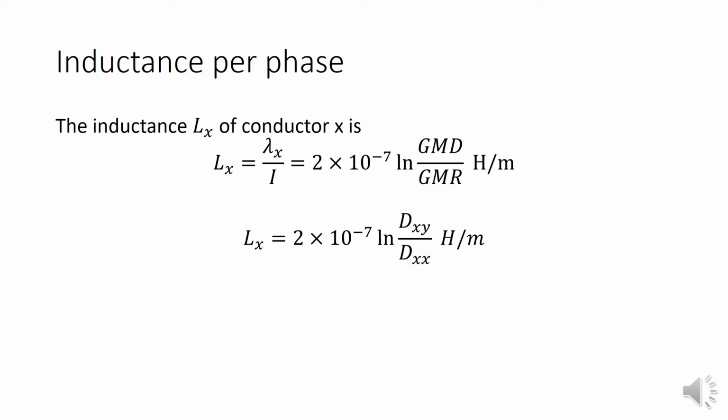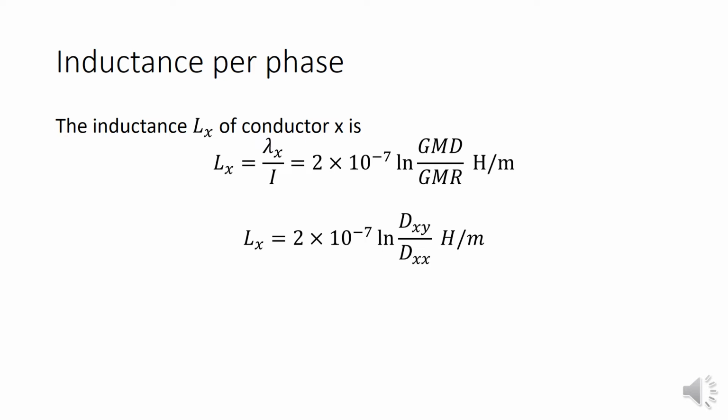We'll consider conductor x. In that conductor x, the inductance is Lx, and Lx is equal to lambda x over I. If you can recall, what is lambda?